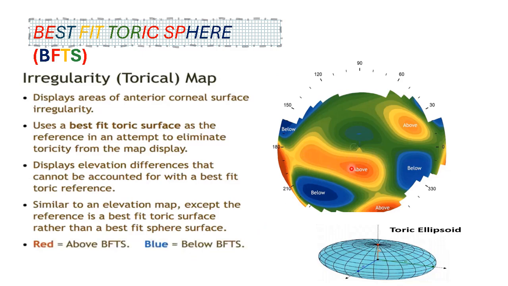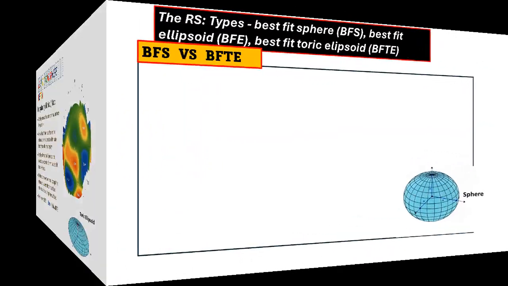This indicates this area is above the best fit toric sphere, and this blue indicates this area is below. Usually for this patient it is better to go for aberrometry and determine the different wavefront aberrations to determine the cause of the poor quality of vision, and you can manage accordingly. However, to study the elevations, better to use one of these two surfaces.